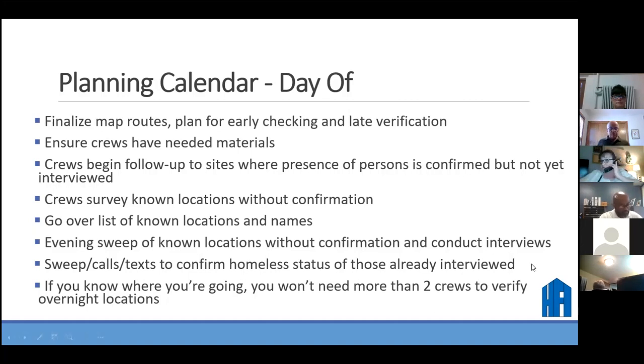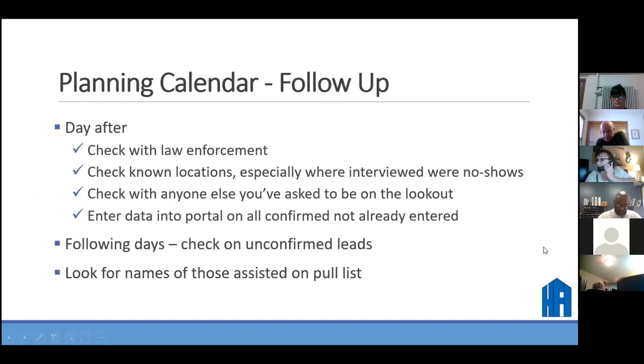And then the next slide, what's the follow-up? Well, you check with law enforcement, you check with anybody that was on duty that night, deputies, officers. You go back to known locations where you didn't find anybody, in case somebody got back from work late or whatever it might be.